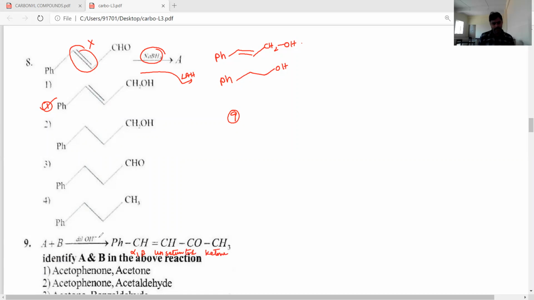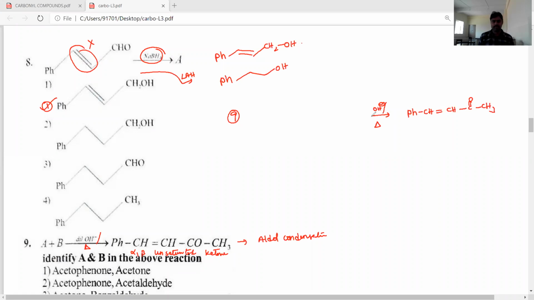Diluted base upon heating means aldol condensation reaction, so the product is an aldol condensation product. If you write the product directly, then according to that we can identify A and B very easily. In the presence of base upon heating, the product is Ph CH double bond CH C double bond O CH3.